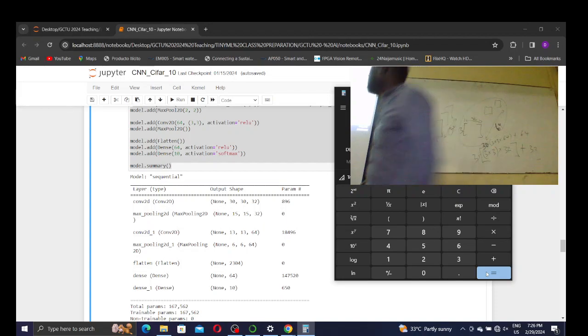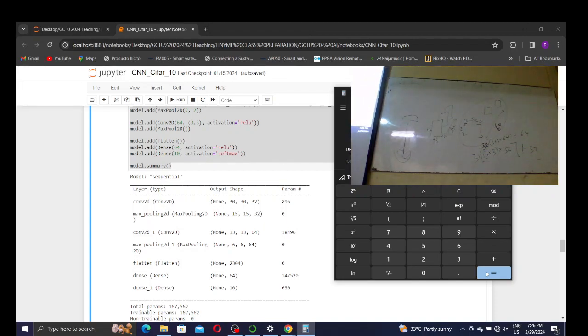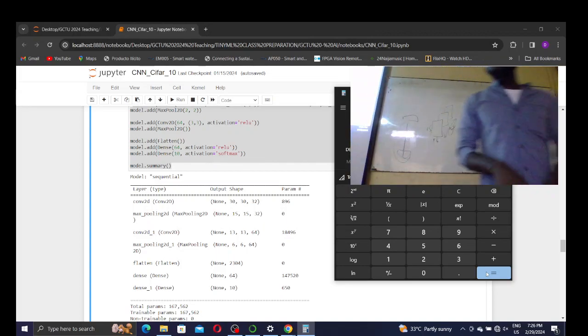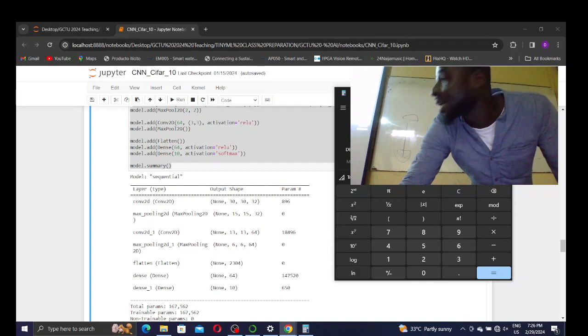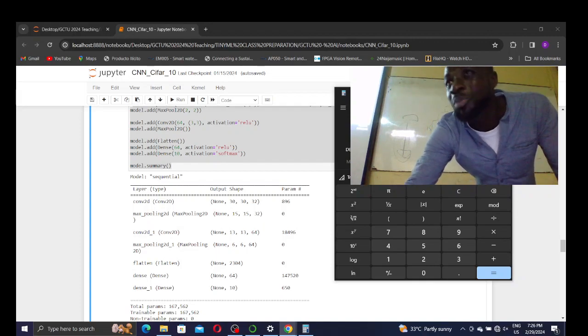Then your next one is max pooling, Max Pool 2D, so you are dividing this one by two. You get 6 point something, but because you are doing integers, it's just 6.